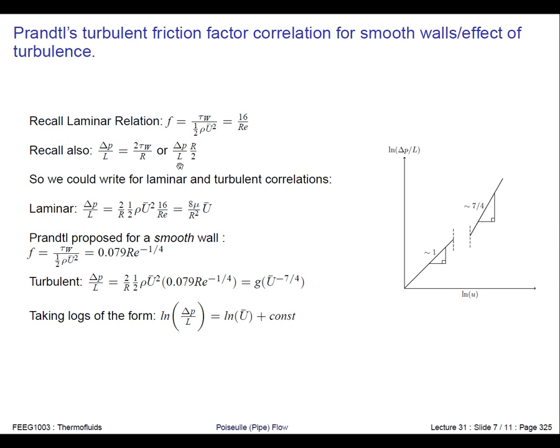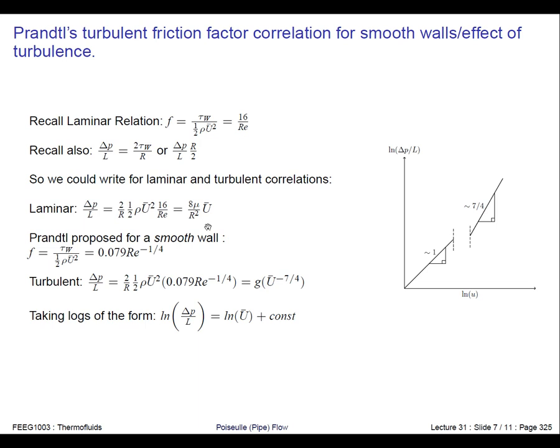What we can do is take our expression for wall shear, which is effectively half rho u squared times 16 over Re, and put it into this term here. So we end up with something like this, and that looks like pressure drop per unit length as a function of the Reynolds number and the velocity.